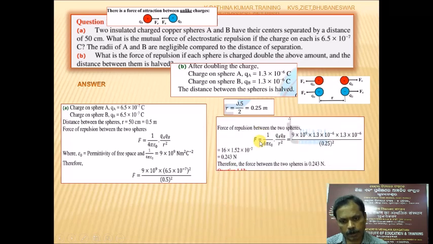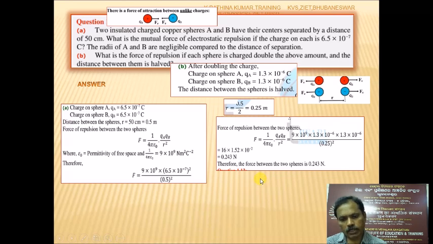Second case, substitute the values. Same equation taken. Substitute the value 9 into 10 power 9, and for the second case, because the distance is halved, it is squared in the equation. 1.3 into 10 power minus 6 into 1.3 into 10 power minus 6 divided by 0.25 the whole square. Simplify the equation, it gives 0.243 Newton.